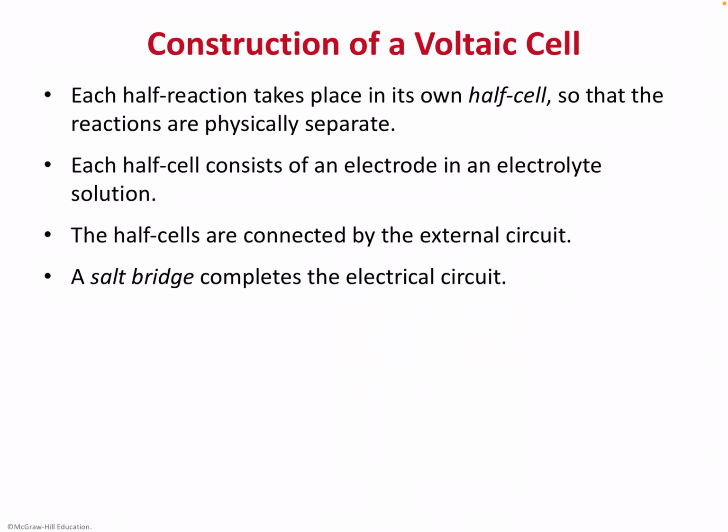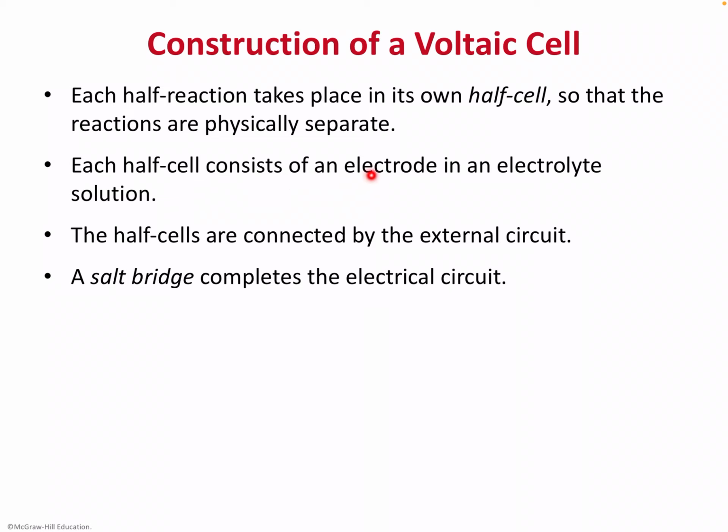Construction of a Voltaic cell. Each half reaction takes place in its own half cell so that the reactions are physically separate. So we're going to construct a Voltaic cell. We are going to keep the 2 half reactions, which are your reduction and your oxidation, in 2 separate containers. Each half cell consists of an electrode in an electrolyte solution.